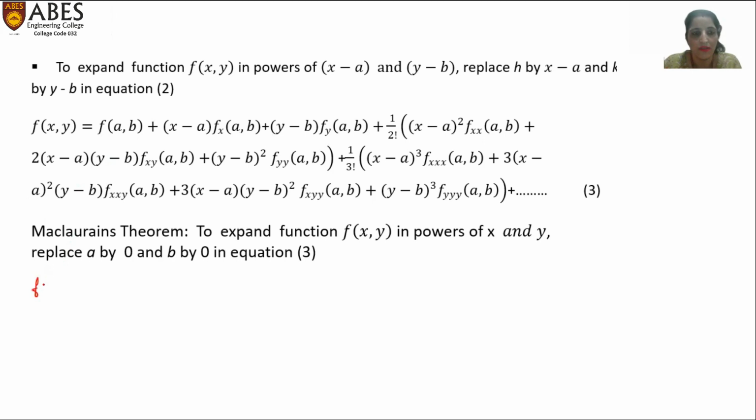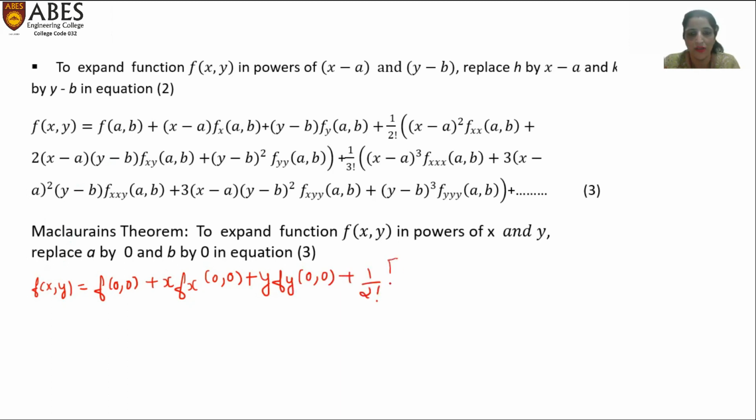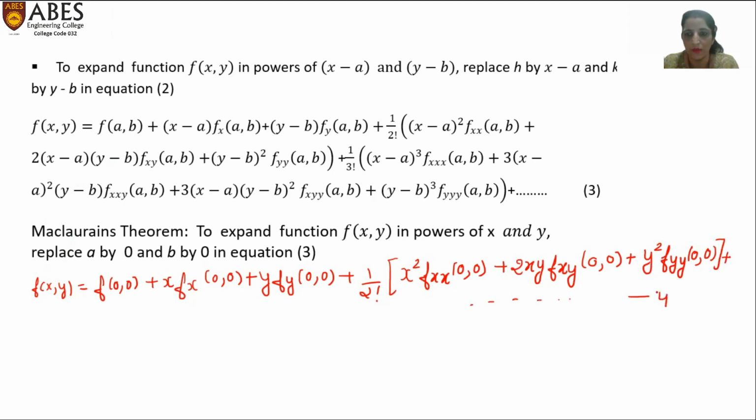That is, we get this formula: f(x,y) is f(0,0) plus x times f_x at (0,0) plus y times f_y at (0,0) plus 1 upon 2 factorial [x squared f_xx at (0,0) plus 2xy f_xy at (0,0) plus y squared f_yy at (0,0)], and again so on. We term this equation 4.